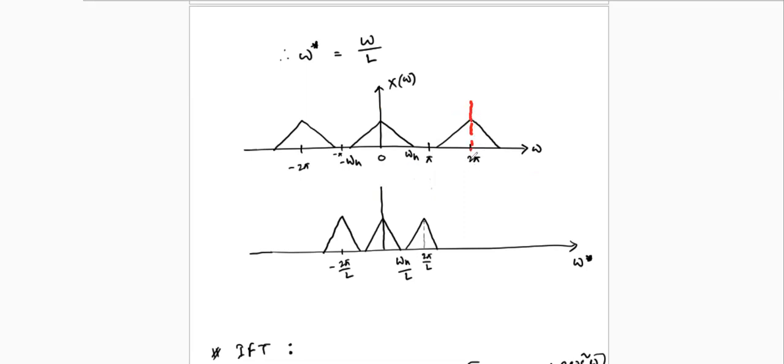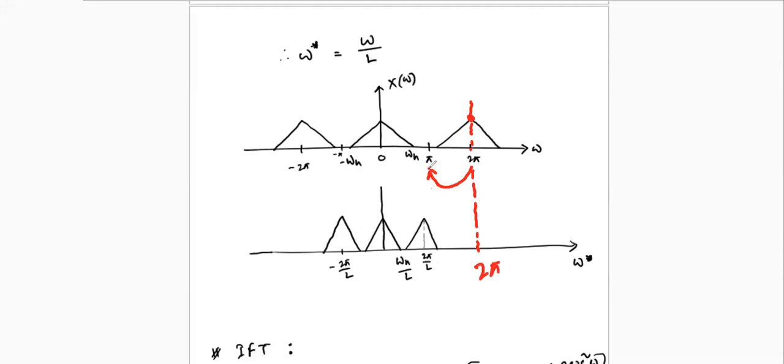That was twice pi. Now this twice pi goes back and becomes twice pi by L. The second peak will be at the location of twice pi by L. However, the pi will remain at the same location.